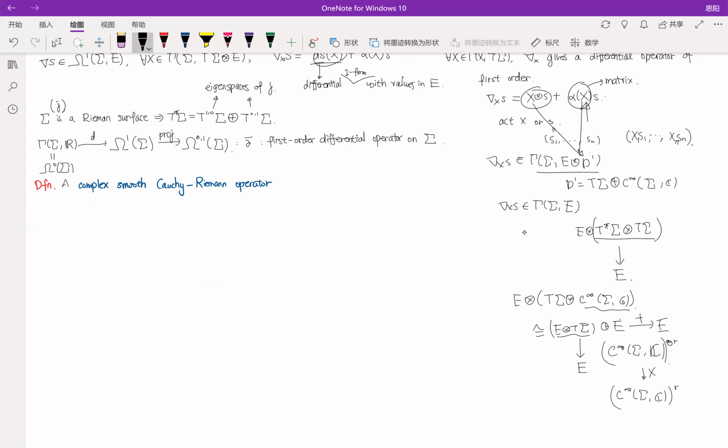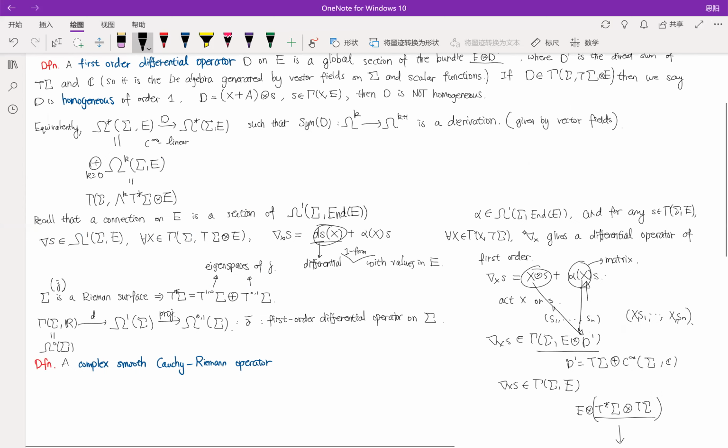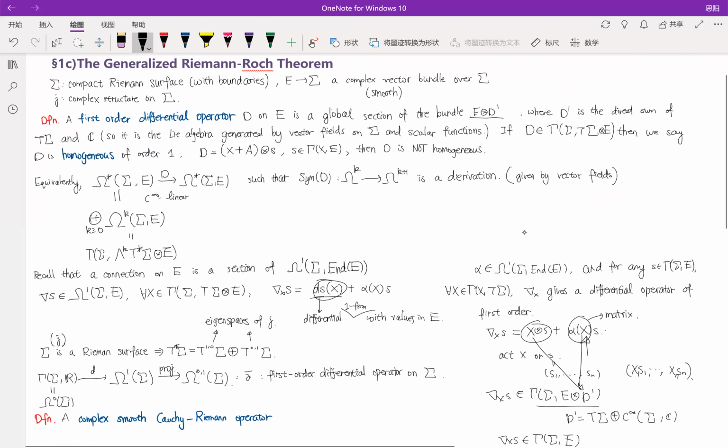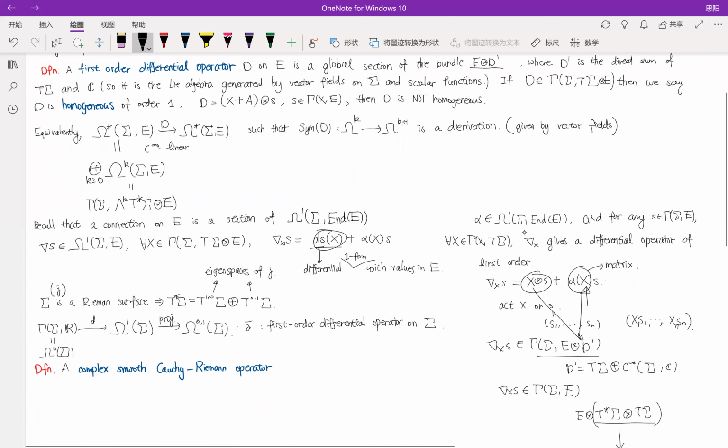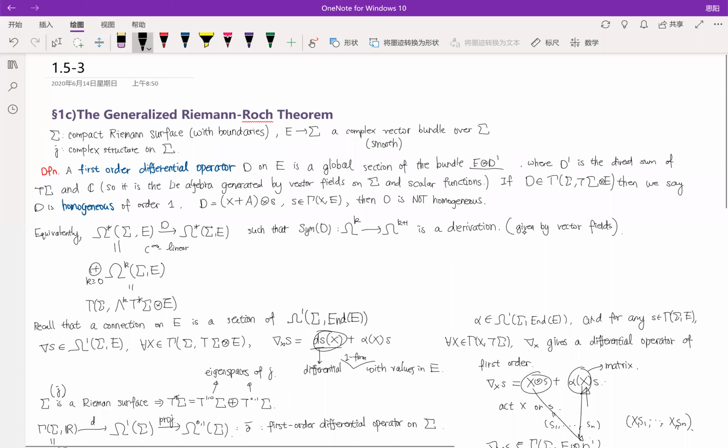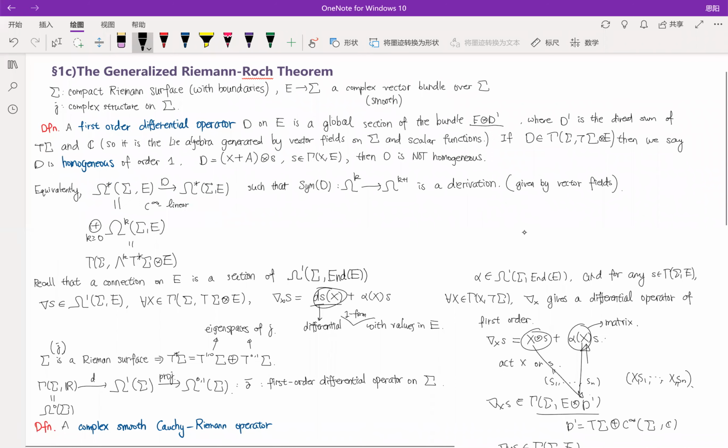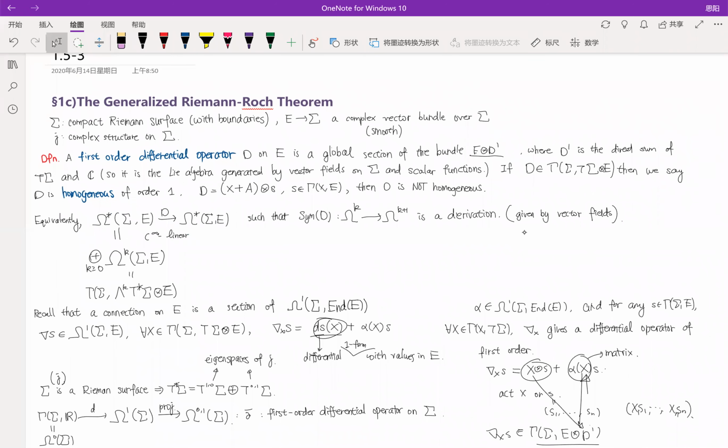Okay, I see. So it is very weird because the first order differential operator is defined in such an abstract way. It is new to me when I first read this definition. It is given in this book.